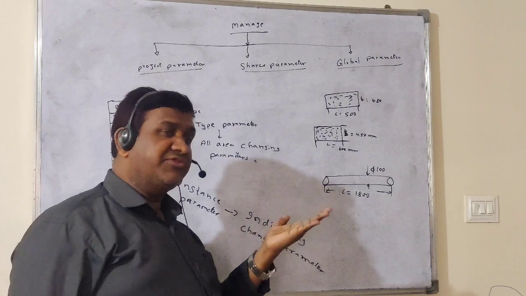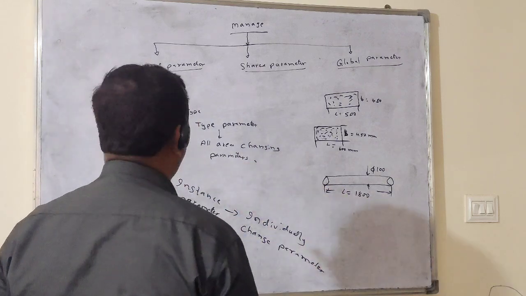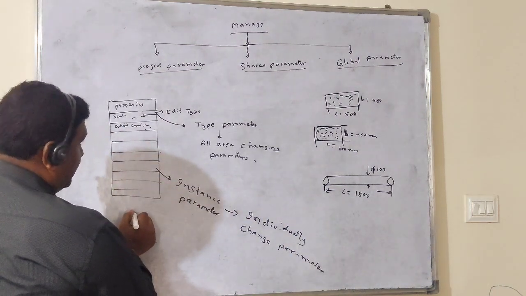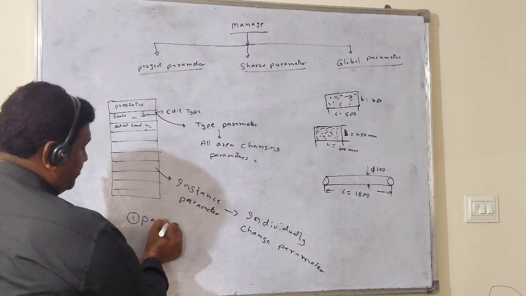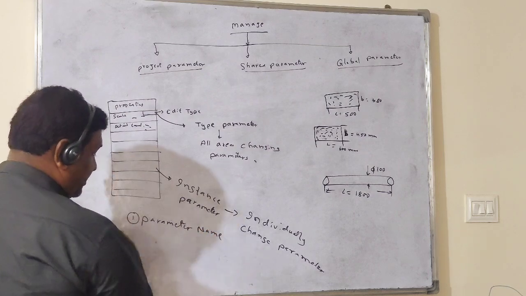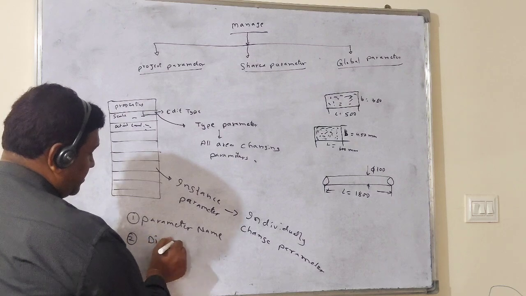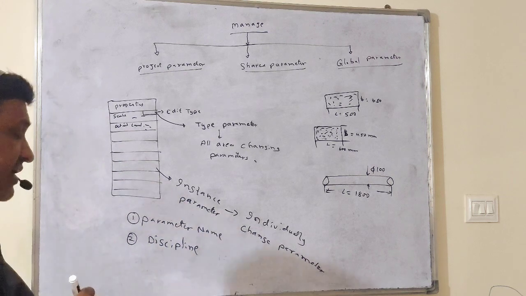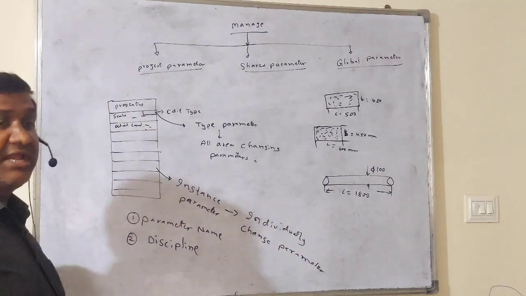In parameters there are different types and different properties available here. When you go for the parameter type, there is a parameter name; you have to give the parameter name. This is one factor. Then discipline: which discipline you are working in, whether architecture, structure, or MEP, mechanical, electrical.